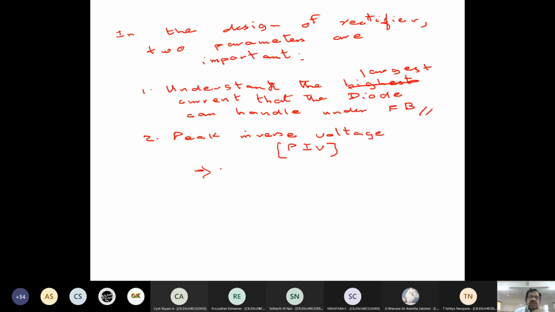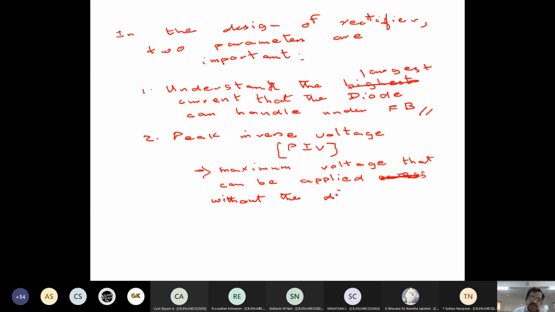PIV stands for the maximum voltage that can be applied across the diode without the diode entering into the breakdown region, avalanche breakdown for a general purpose diode.